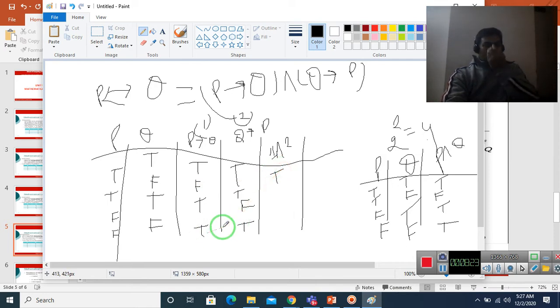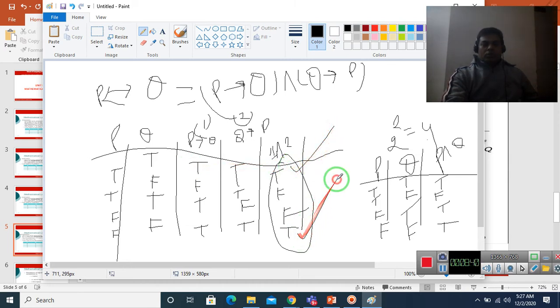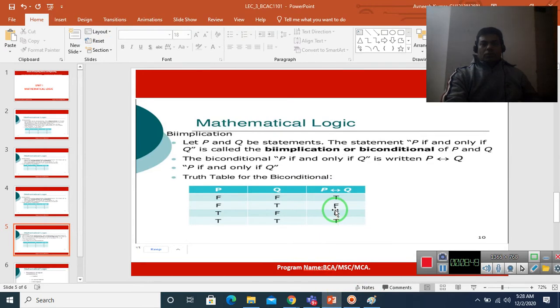True and true, and false, and then false. So the final result of this conjunction is that if both are true, it's true, if both are false, it's true, otherwise it will be false. So the truth table is here.